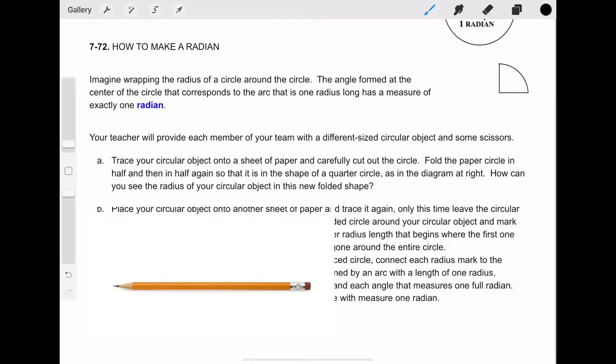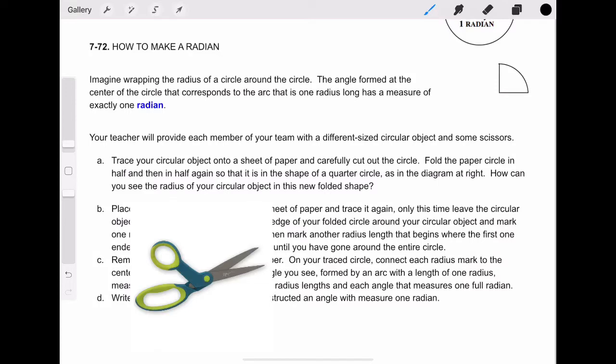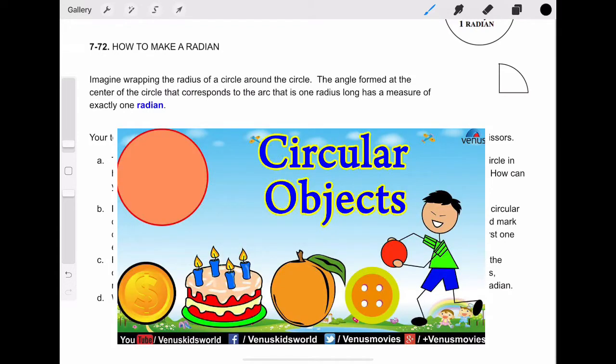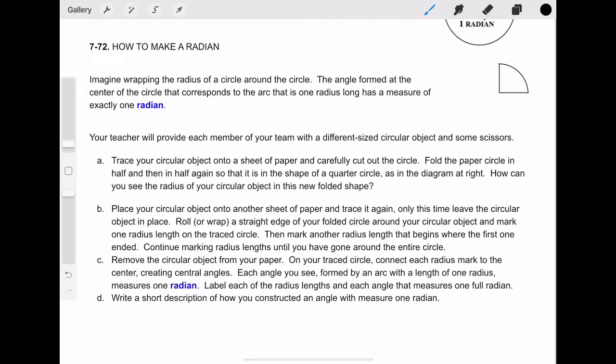Just any regular sheet of paper will work. And then find at least 2 different things in your house that are circular. So it could be a plate or a bowl or the bottom of your water bottle. As long as it's a circle, we need 2 different size shapes. So pause the video, go hunt down some circles.